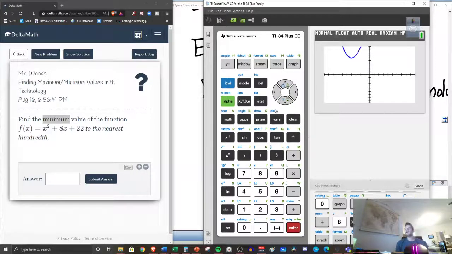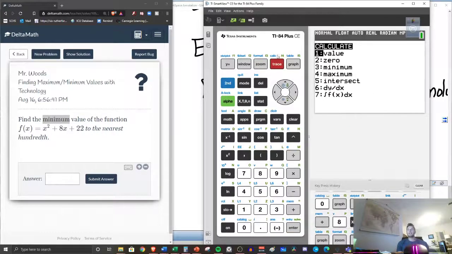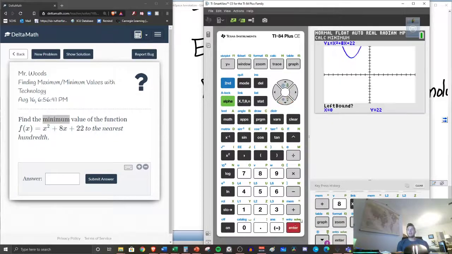So let's talk about how you will find the minimum. You do the same thing for the maximum on here, and then we'll do the same exact problem on the Inspire, and then we'll do it again on Desmos. All I need to do to find the minimum here is press second trace, and it takes me here, and you'll see there it is, minimum. I hit enter.